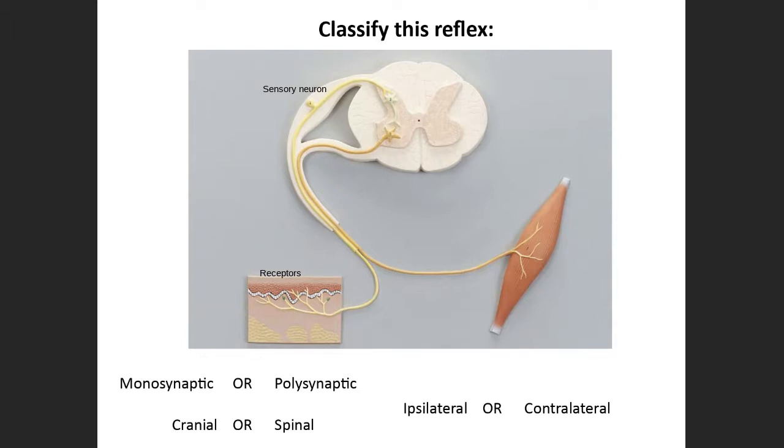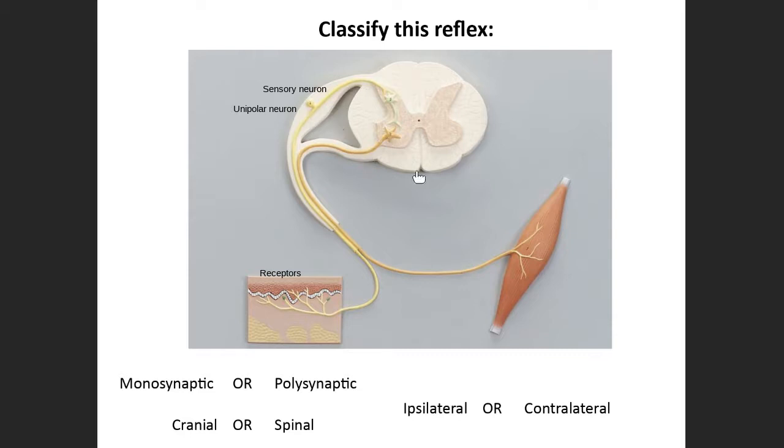Do we remember what the structural classification of this one was? Yeah, my sensory neurons are the only example of unipolar neurons that we have in the body, unipolar, because I've got my cell body and just one extension that comes down off of it. So my receptors receive information, they send that information through a sensory neuron into the spinal cord.